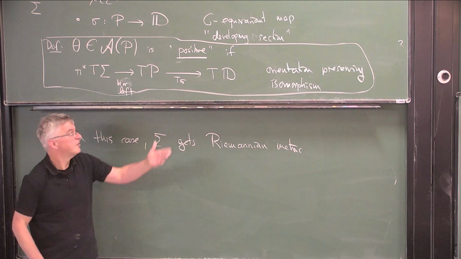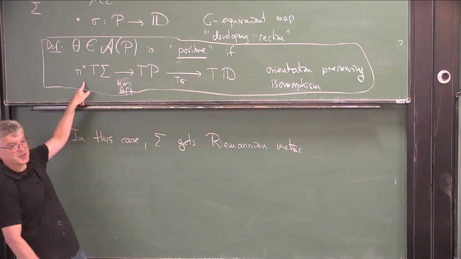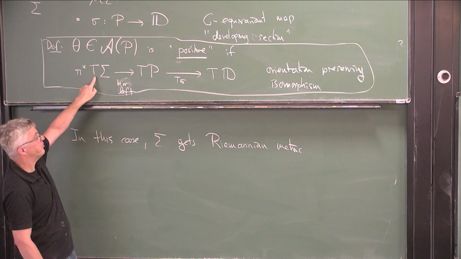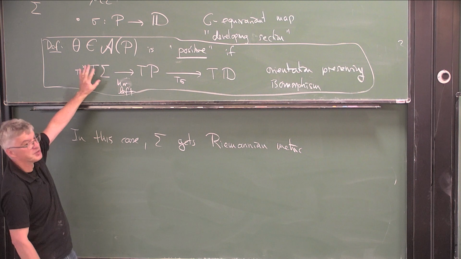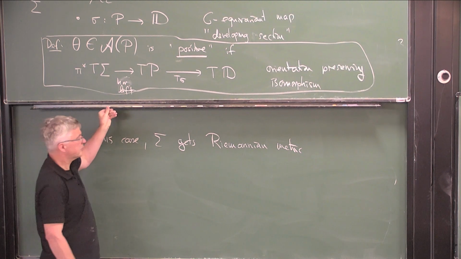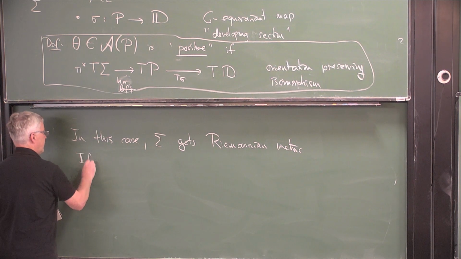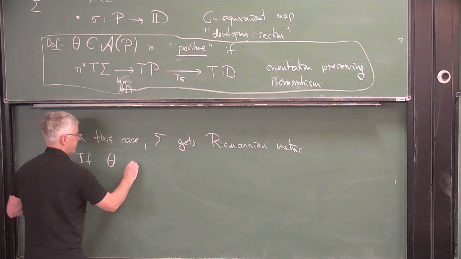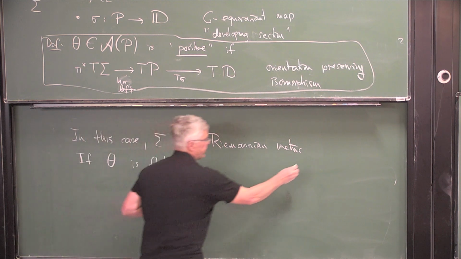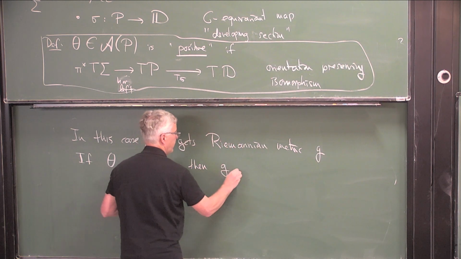Why? Because there's the metric on the Poincare disk, and you just pull it back under this map. So you get a metric on this bundle, which then descends to a metric on sigma. So it gets a Riemannian metric. And if the connection is flat, then this metric g is hyperbolic.